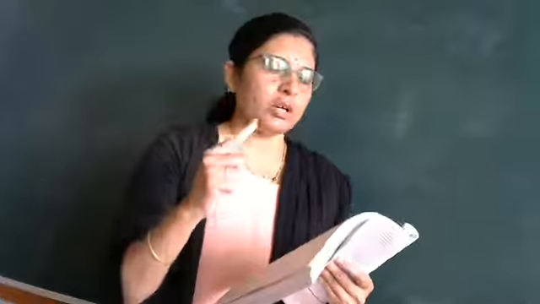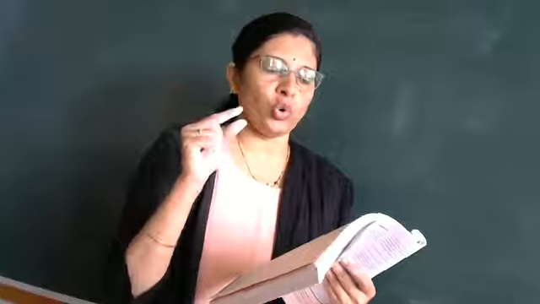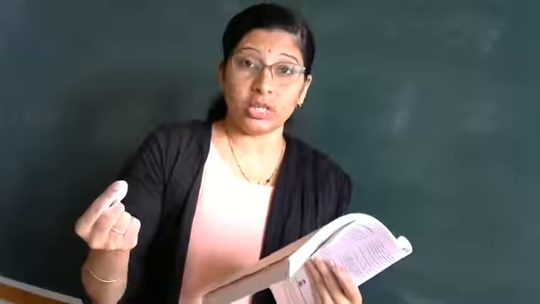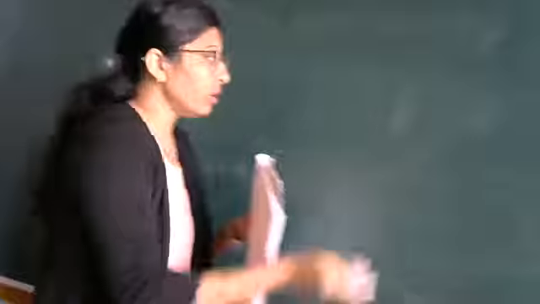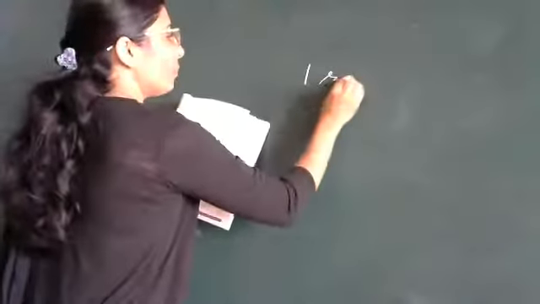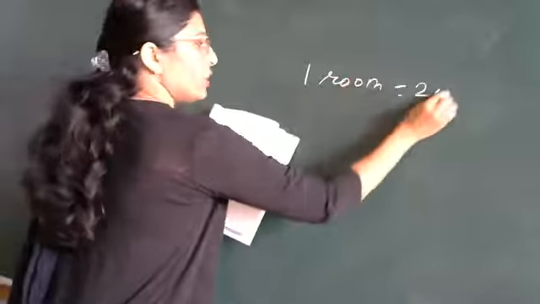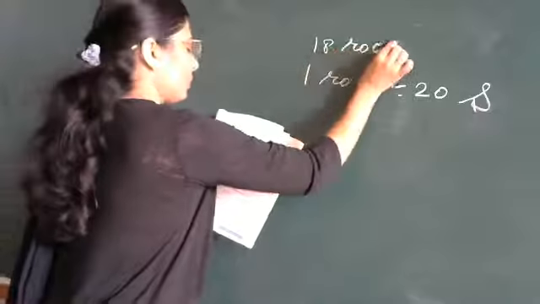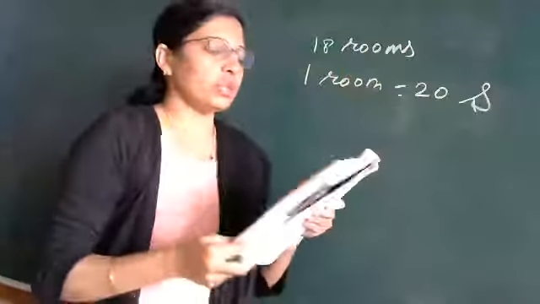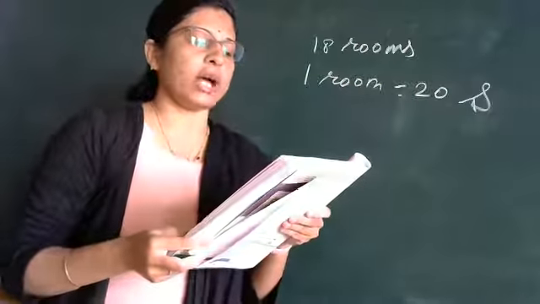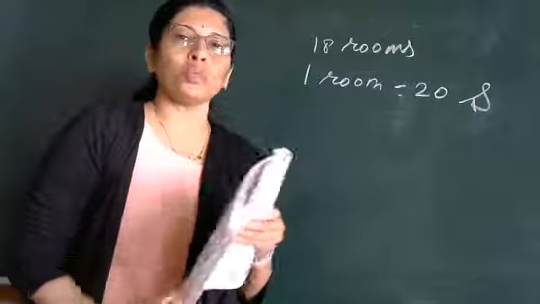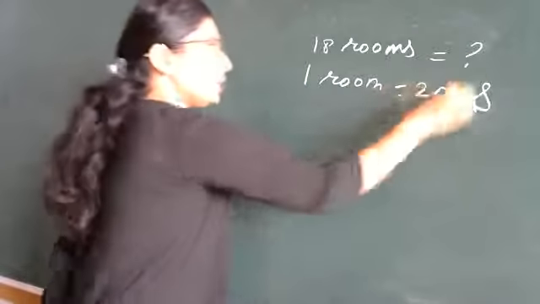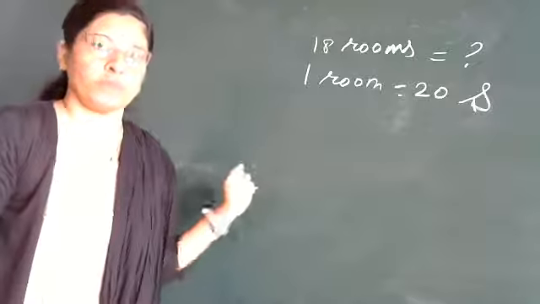One floor, each floor 18 rooms. And in every room there are 20 switches. So one room, 20 switches. And there are total 18 rooms. So they are asking how many switches are there in all the rooms of the building. So we have to find the total number of switches.